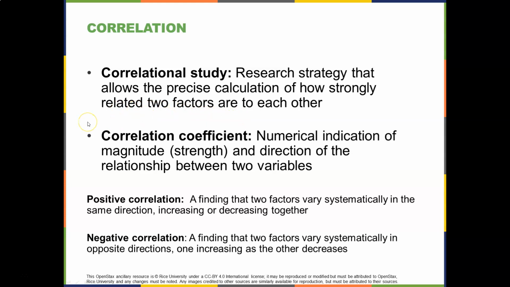Okay? And then usually correlation is also shown in a number. And believe it or not, usually that number is just between, say, -1 and +1.